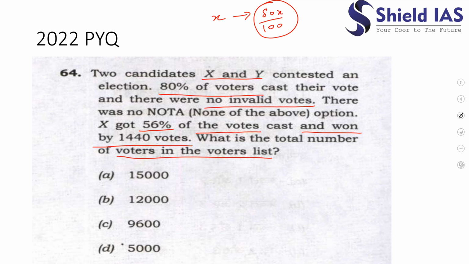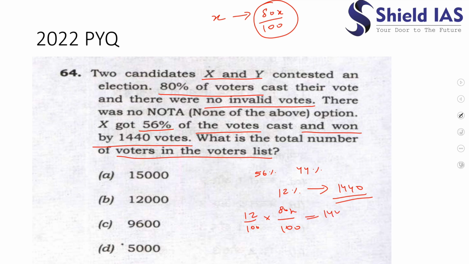Yes, X got 56%. And he won by how much? What would be the margin? The other one would be getting 44%, right? The margin is 12%, and 12% is nothing but 1440. 12% of the total votes polled. Yes, that is 12 by 100 into 80x by 100.